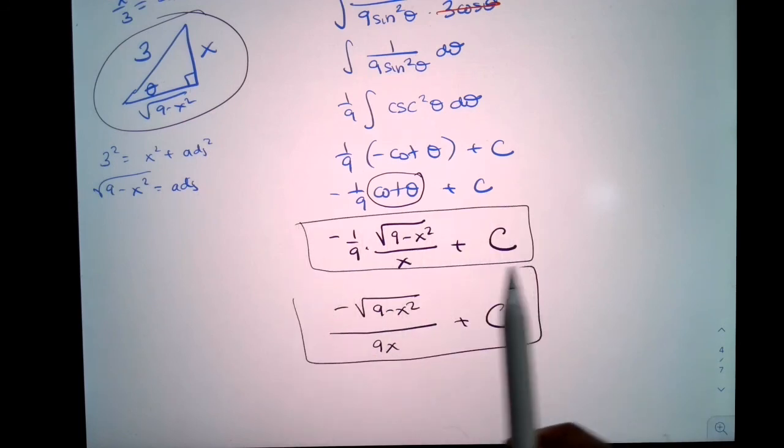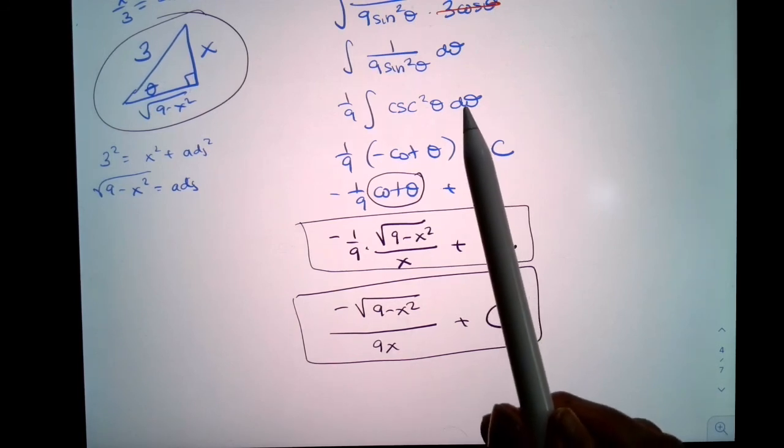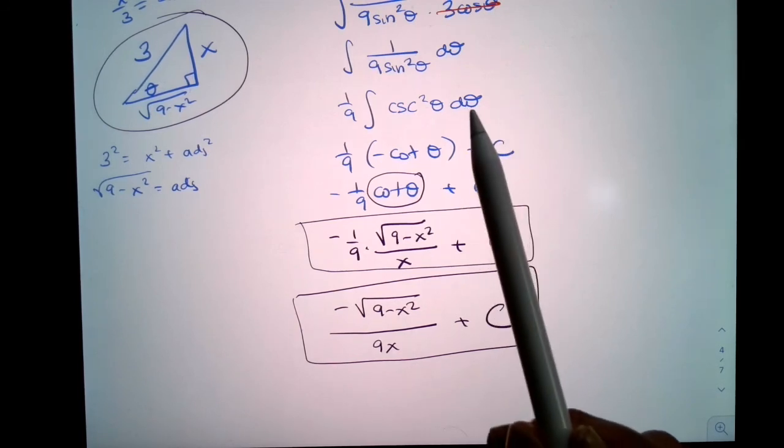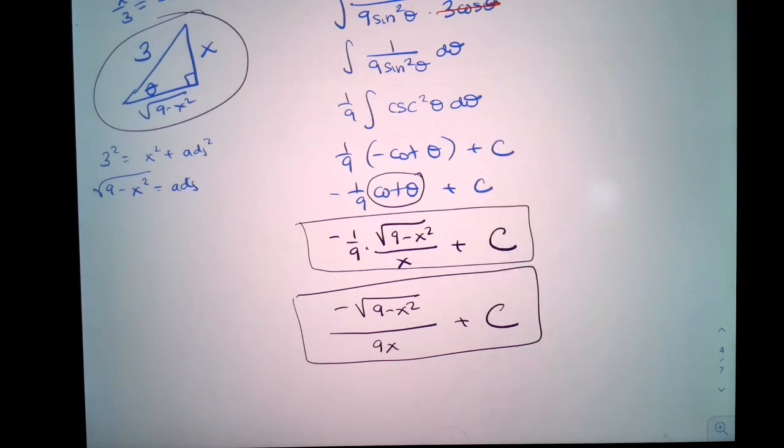Okay, so it doesn't always have to be a mega horrible problem like problem number 5 that had so many identities, so many switches, so many issues in switching over. This one ended up being a trig substitution that ended up being a basic trig integral, and that's why I need to make sure that you remember everything from Calc 1 and all this fancy stuff from Calc 2.